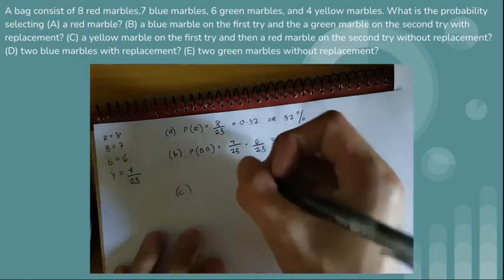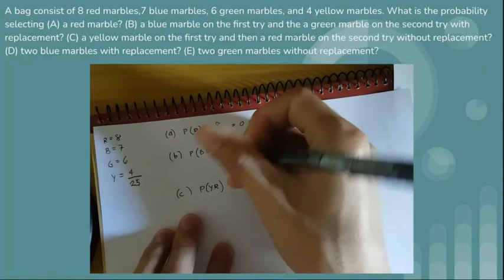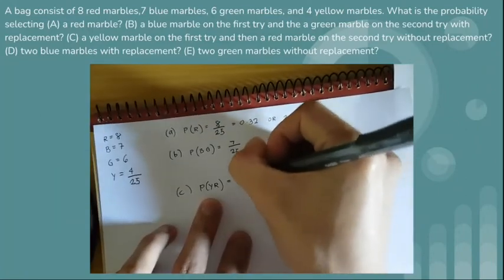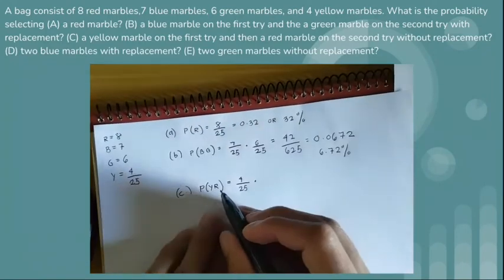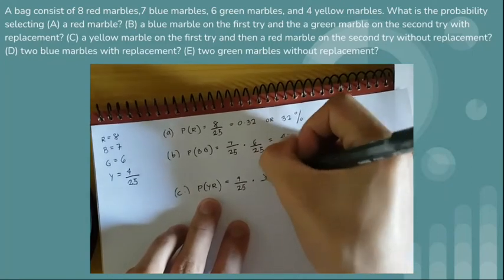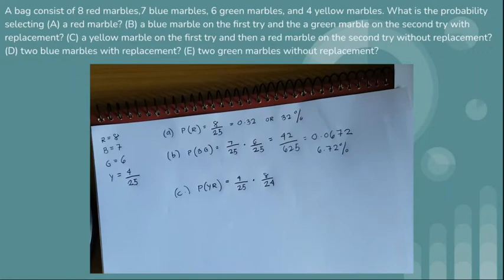So, therefore, probability of yellow and red. So, yung probability ng yellow natin is 4 over 25 multiply sa red natin. Probability ng red is 8 over 24. So, bawas na siya ng isa since nabunot na natin siya nung first try.